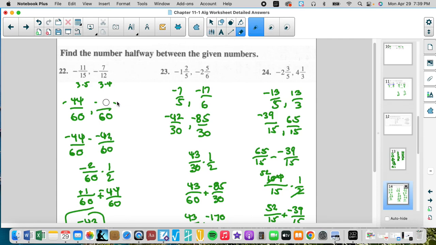Sorry. So this is 44 minus negative 35, which is going to be 9 sixtieths.